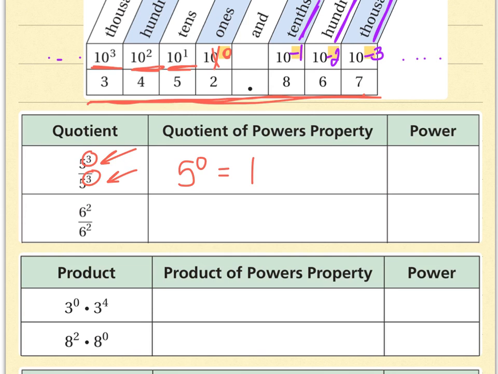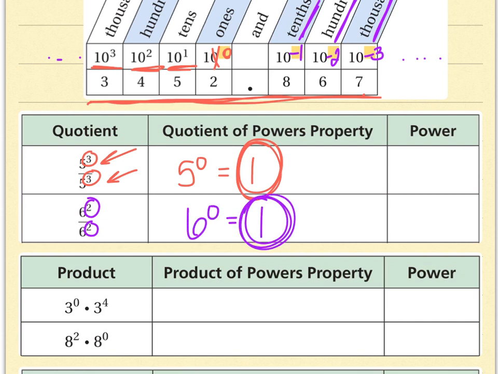If you divide a number by itself, you always get 1. So if your exponent is 0, that's actually going to give us 1. So anything except 0 to the 0 power is 1. Again, 2 minus 2, 6 to the 0 is just 1, because I'm dividing the number by itself, it goes into itself exactly 1 time.